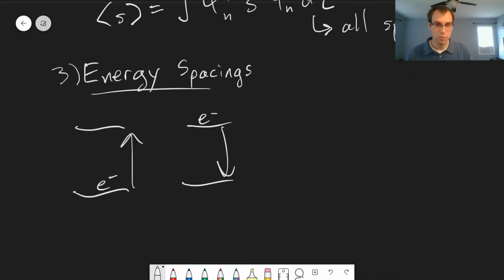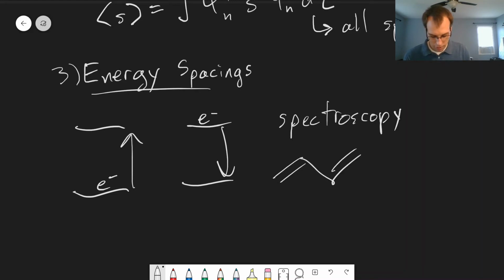And so this is going to be directly related to things that we can observe, right? So this is going to be directly related to the spectroscopy of the system. And so we'll actually use these energy spacings to look at conjugated carbon chains and see how well we can match the predictions of the particle in a box to what we actually observe for the light that's absorbed by dye molecules that have this sort of structure.